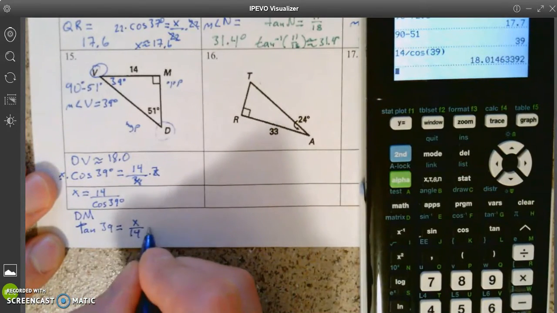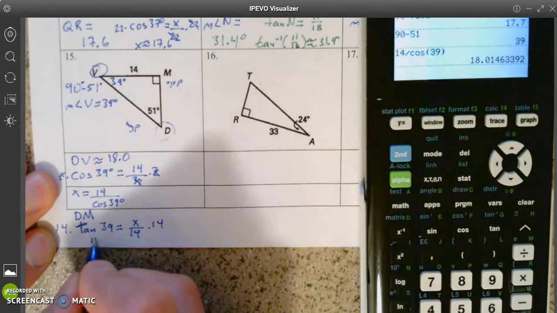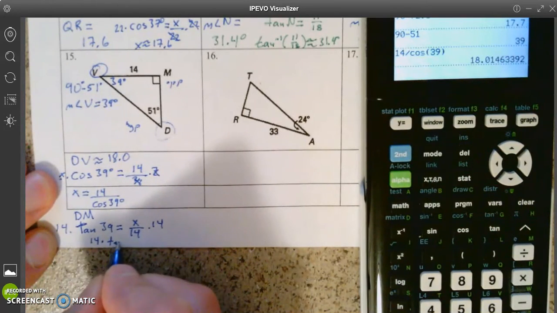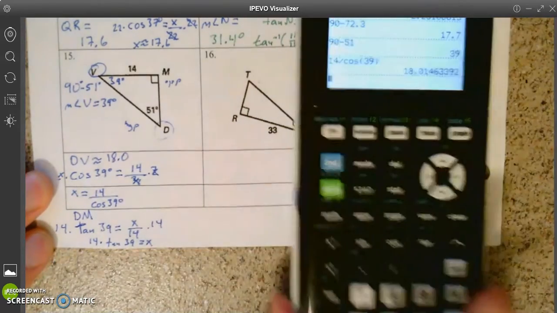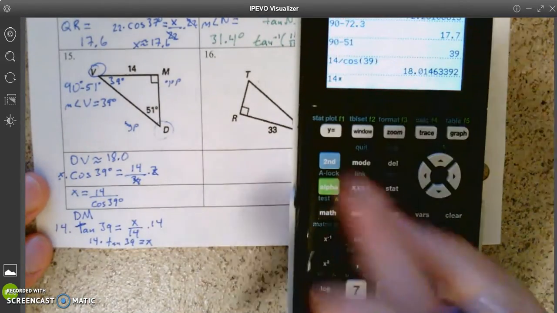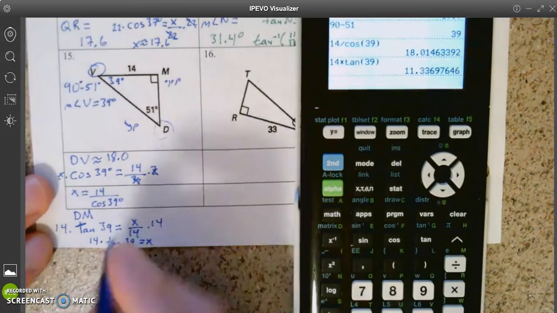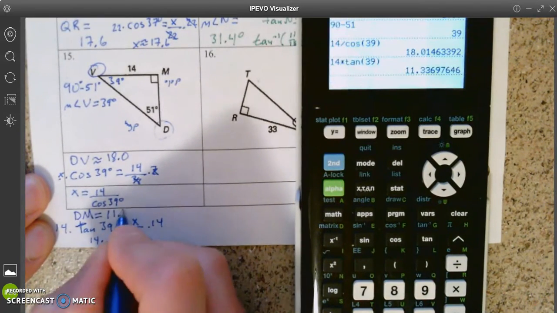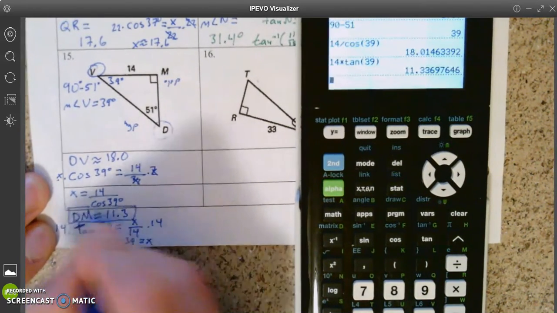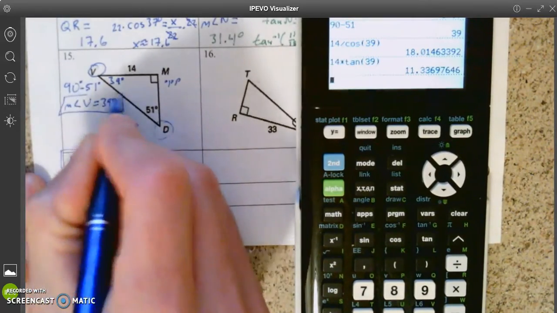Adjacent is 14, multiplied by 14 on both sides. So we get 14 times tangent of 39 equals that missing side length. 14 times tangent of 39 is about 11.3. So DM is equal to about 11.3. There's that one, and then the other angle measurement.